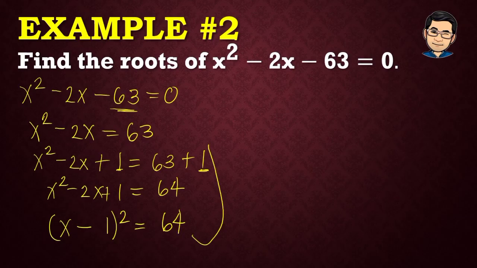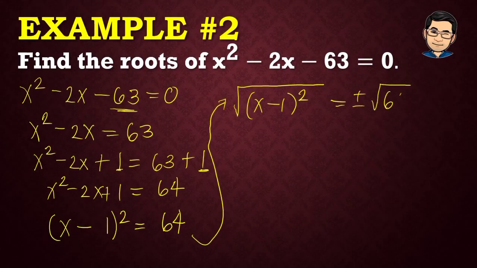And then, next na gagawin natin, extract natin yung square root ng both sides. Okay. Now, ito matatanggal. Pati ito. So, x minus 1 equals positive, negative.